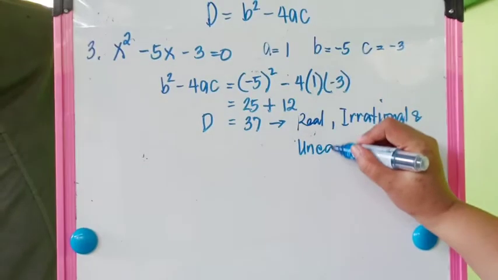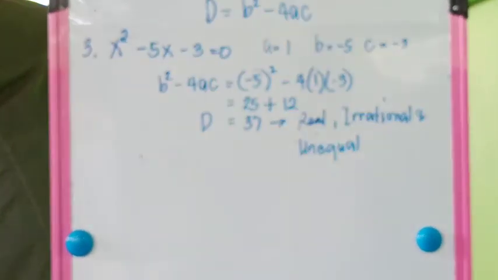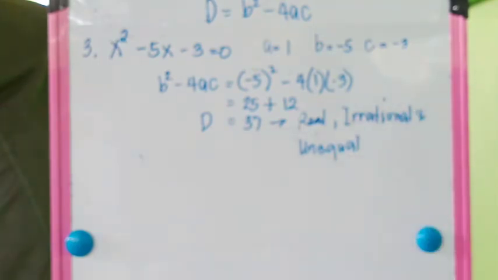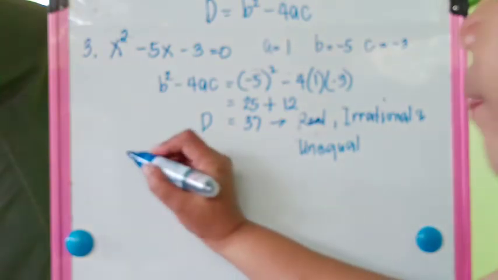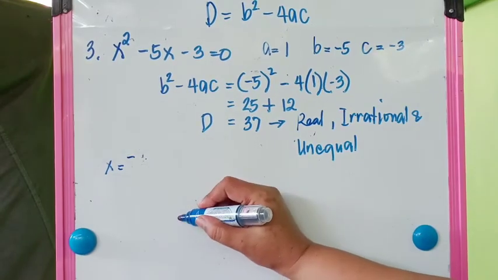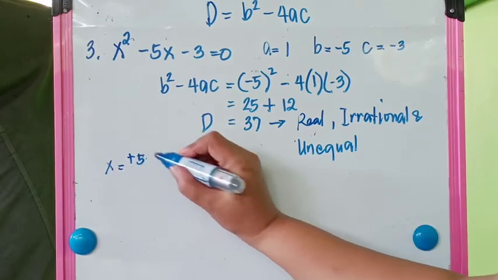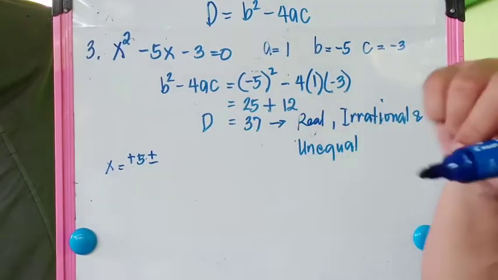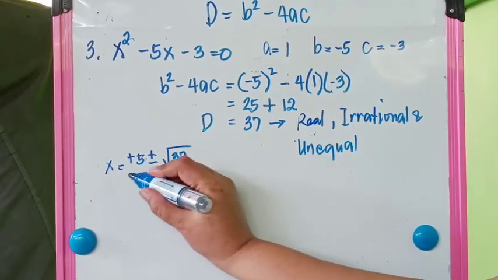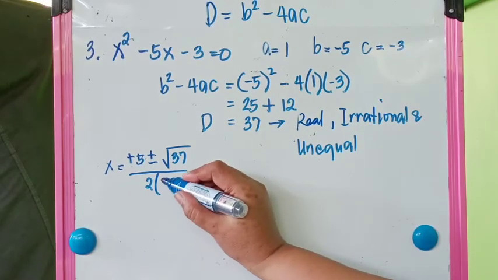Okay, so to check again if this statement is true, use the quadratic formula. So x is equal to negative b, negative b, negative 5, so this will become positive 5, plus or minus the square root of the discriminant, 37, over 2 times a, which is 1.